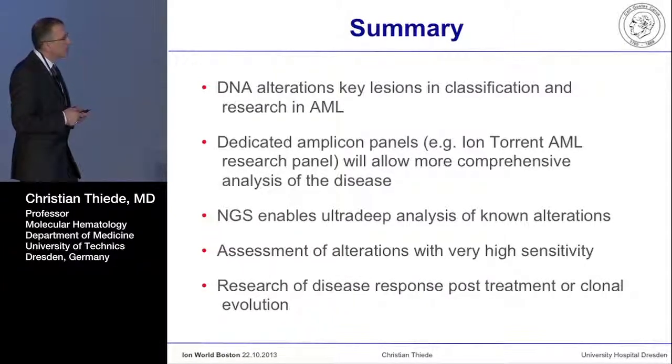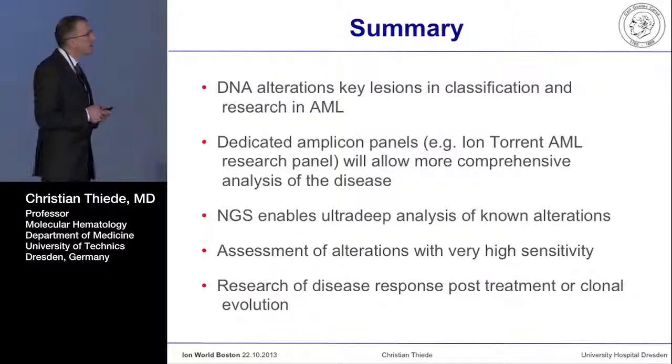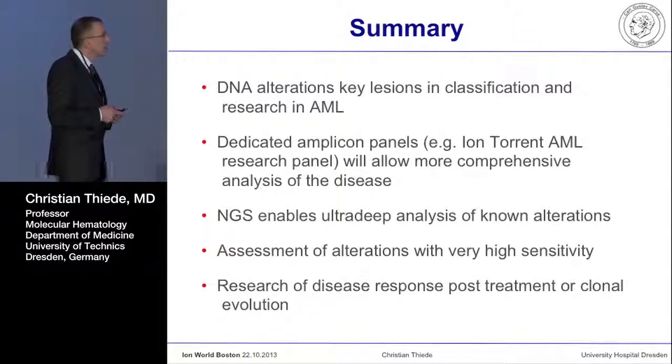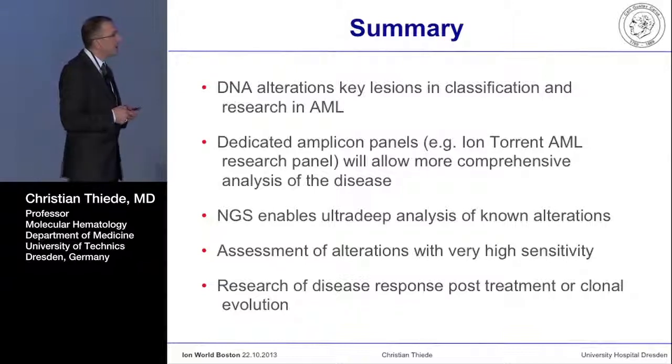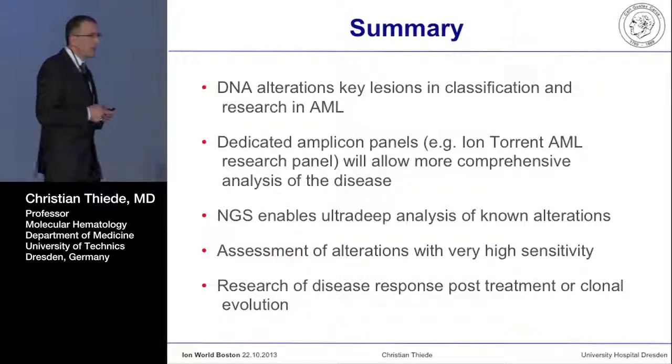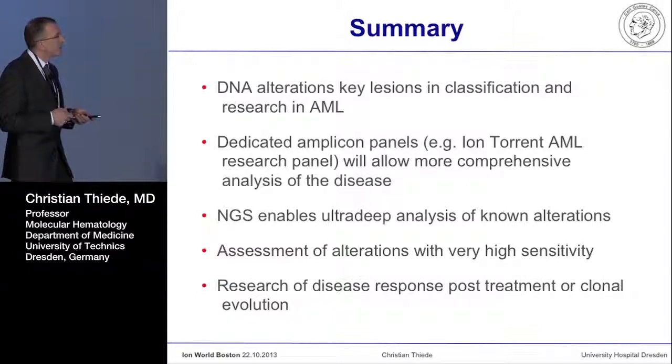I hope I've also shown you that next-generation sequencing has also a potential to use ultra-deep analysis of known alterations, which will be probably useful to assess alterations with very high sensitivity to monitor, for example, disease or to study clonal evolution.